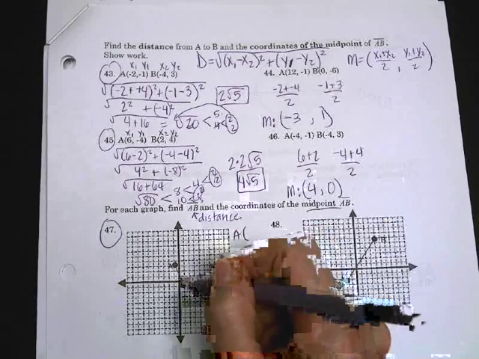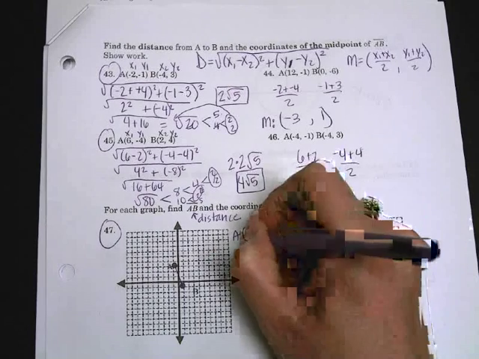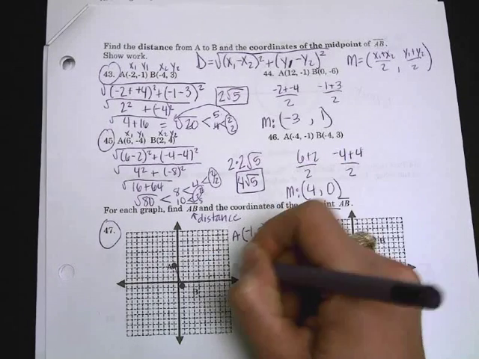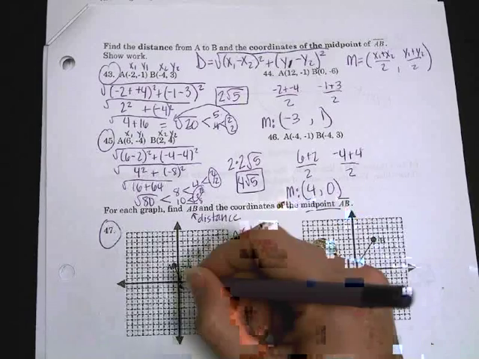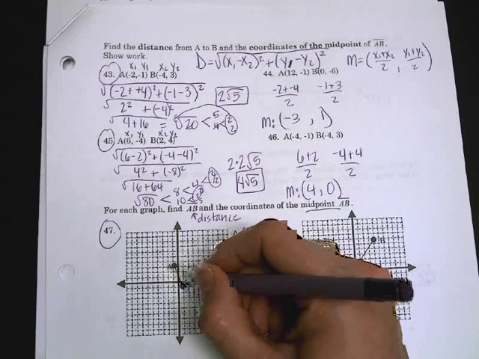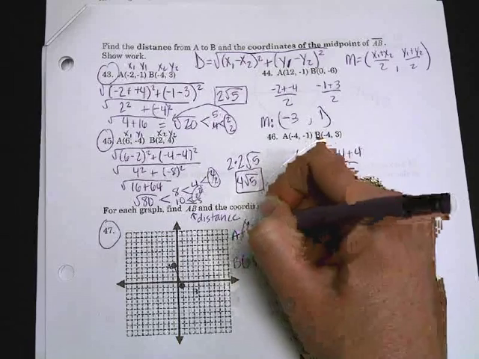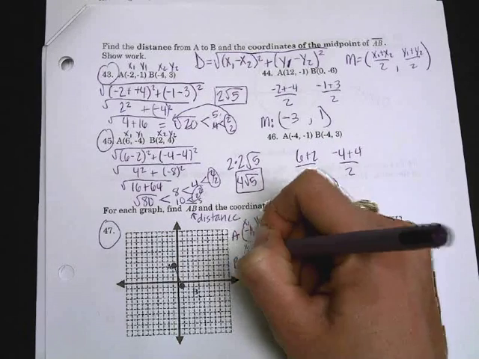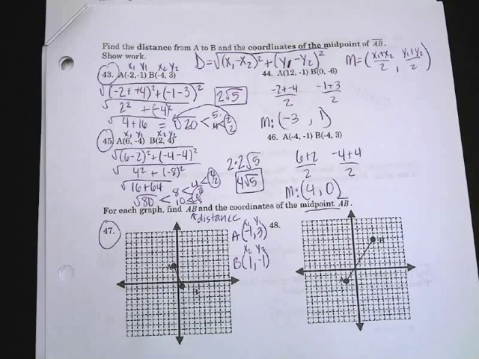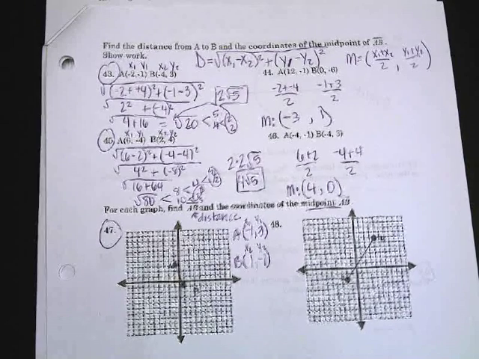So for instance, A is at -1, +3. And B is at +1, -1. Then we label our points, x1, y1, x2, y2, and we plug it into that distance formula again.